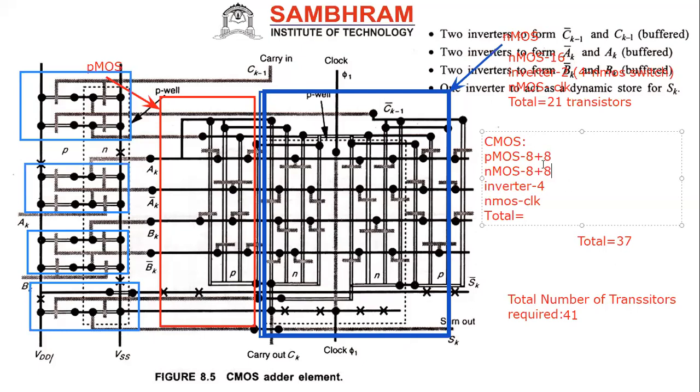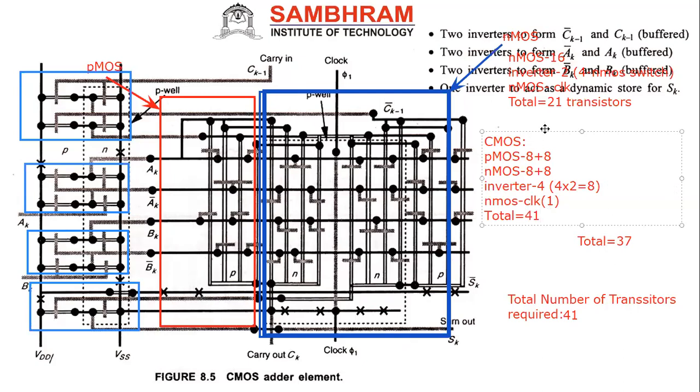So 16, 16, 32, 32 here, and 4 into 2, 8. Then clock is 1. So in total I get 16 plus 16, 32, 40, 41. So the total is 41.